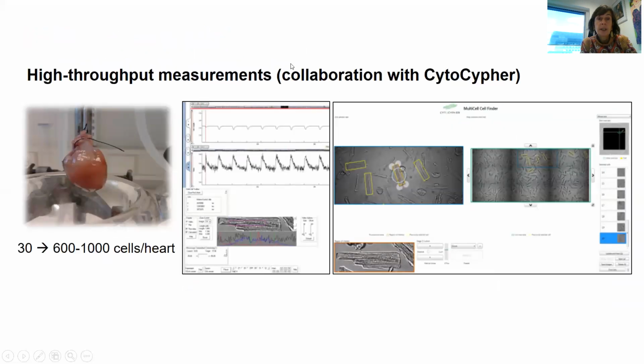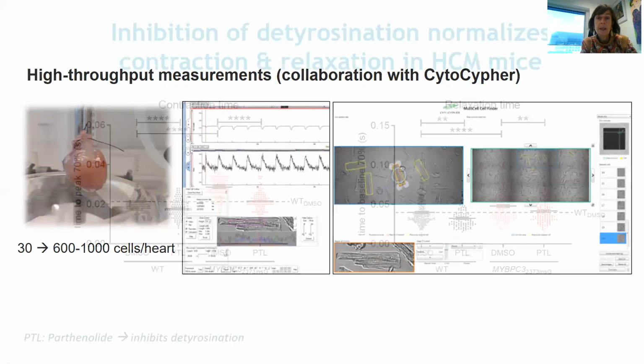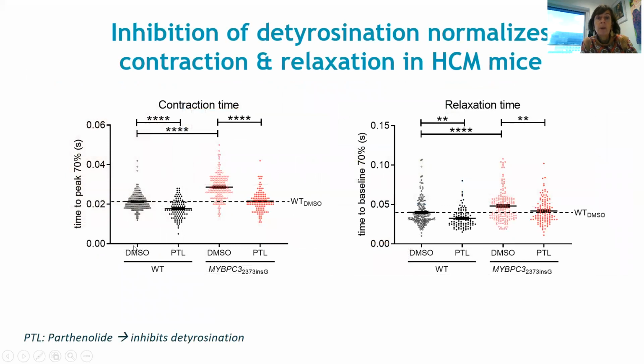Then we went on to study cardiomyocyte function, and we took advantage of the system which was developed in collaboration with Cytocypher. So we can isolate single cardiac muscle cells with Langendorff perfusion, and we can measure multiple cells using the Cytocypher system. And using this system, we could see that in the mutant mice compared to the wild type mice, there's an impairment in the time to contraction, but also impairment of the relaxation.